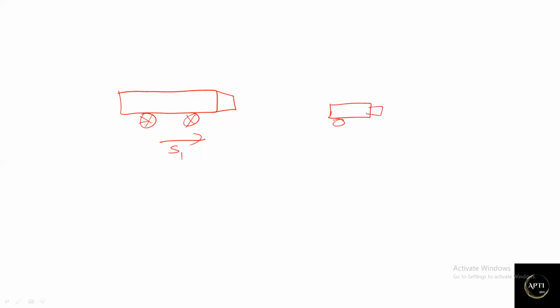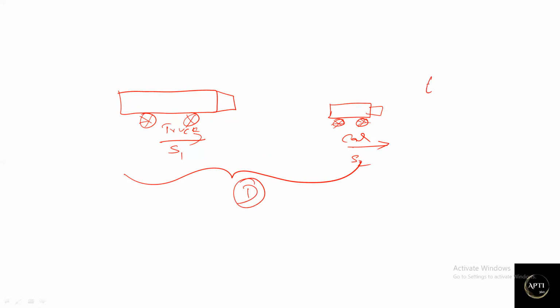Let us consider this is the car and this is the truck. And the car is also moving in this direction with speed s2. Now I will be giving the distance between the truck and the car. We know the distance, and my question is, what will be the time taken by the truck to cross the car? Here the truck is chasing the car, right? How much time will this truck take to overtake the car?